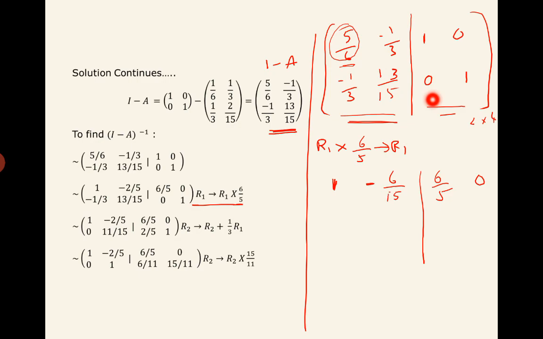When you simplify this, it will be negative 2 over 5. Second row, no change at all. Write it down as it is: negative 1 over 3, 13 over 15, 0, 1. This is the first step. When you simplify this step, this will be this matrix.